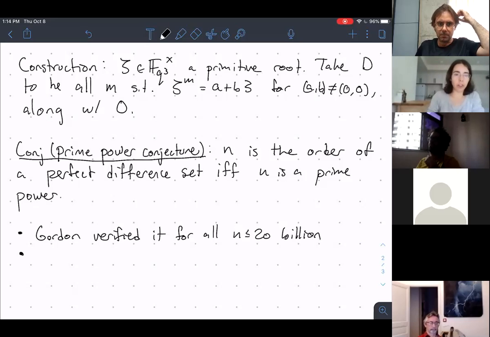The construction I showed you, where you take the points to be all the integers mod n squared plus n plus 1, and the lines to be translates of the difference set, gives you a finite projective plane, but the projective planes you get by doing this with a perfect difference set are far from all of them. They're just the projective planes known as cyclic projective planes. So there are a lot more projective planes, and people more generally think these only exist with prime power order.